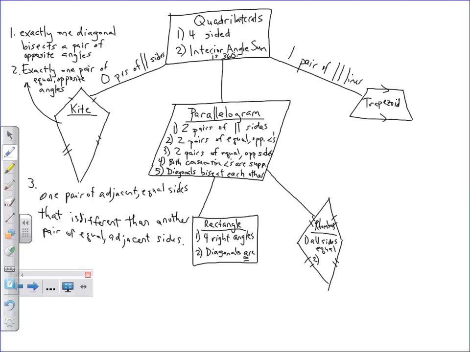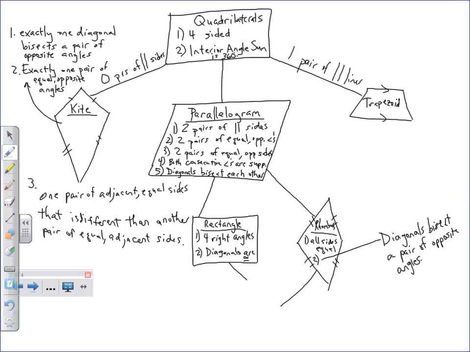And the diagonals bisect a pair of opposite angles. The difference between a rhombus and a kite in this matter is that both diagonals have to bisect a pair of opposite angles.